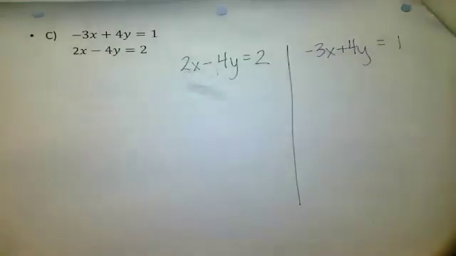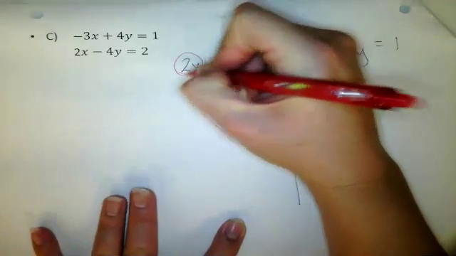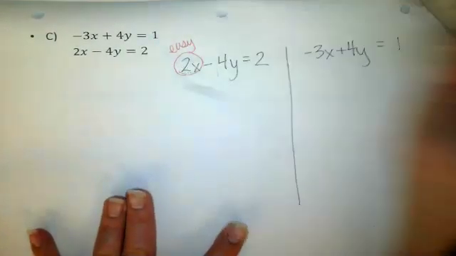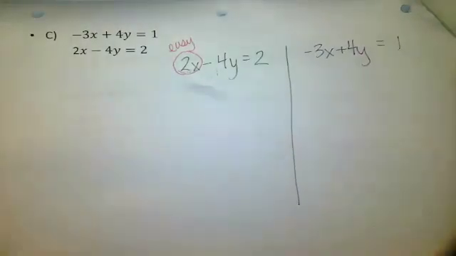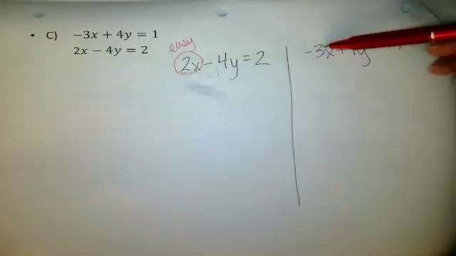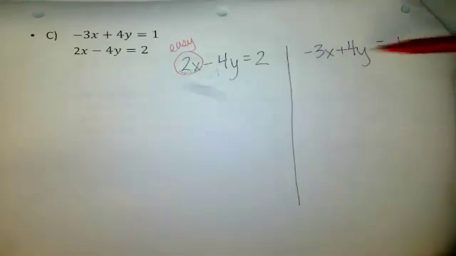Your job is to find the easy variable. So looking at letter C here, where is the easy variable? 2x. How come this is the easy variable? It's the lowest, like the lowest number. That's good thinking. If I were to try and isolate this x, I would have to divide by negative 3 everywhere.